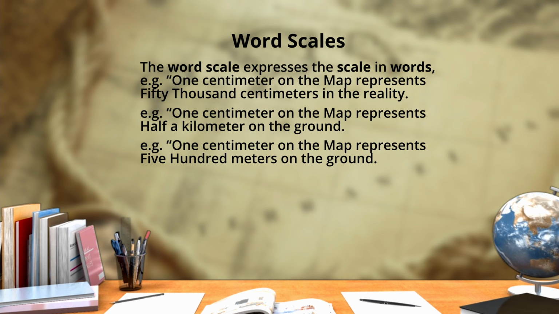Or 1 centimeter on the map represents 500 meters on the ground. As long as it is written as a statement, the units can be different. However, the map distance must always be in centimeter. The ground distance is the one that can either be centimeters, kilometers, or meters.